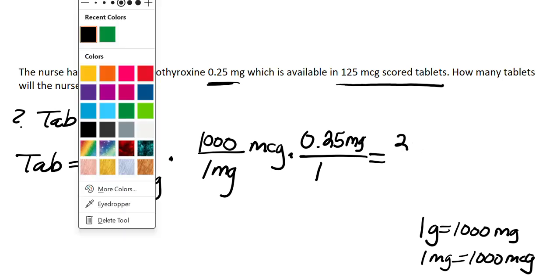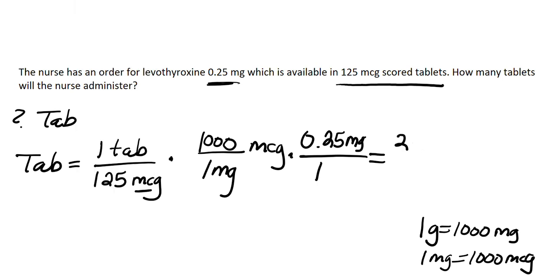Y'all, I keep pushing this thing. It's 250. And then 125 times 1 times 1, 125. All right, 250 divided by 125 is 2. 2 what? Tabs.